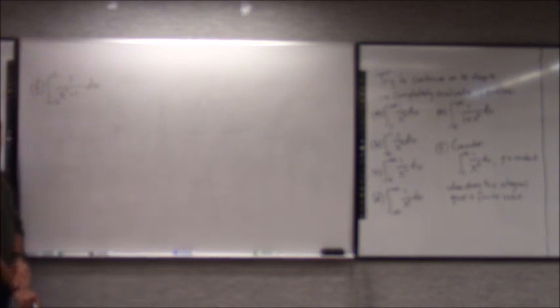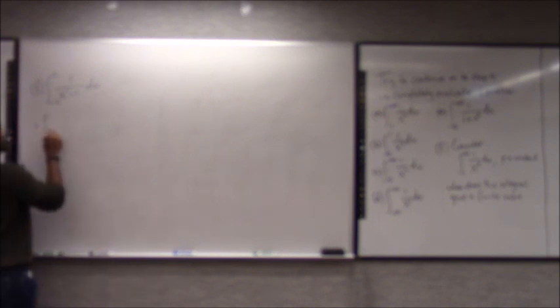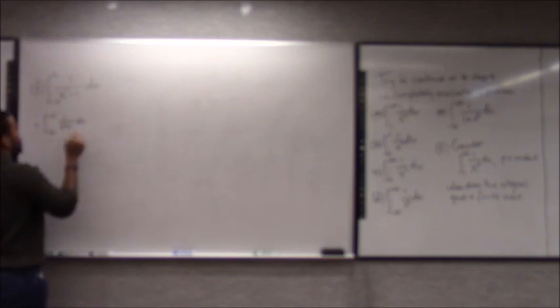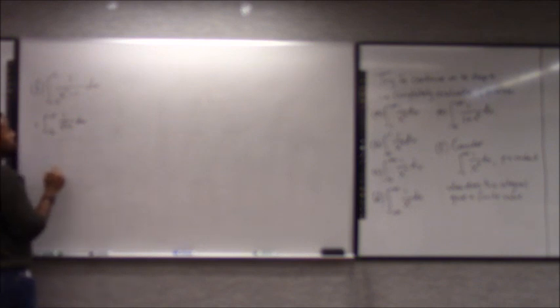How'd you break this up? So first I took the integral from -2 to -1 of 1 over x squared minus 1. And then I took it from -1 to 0.